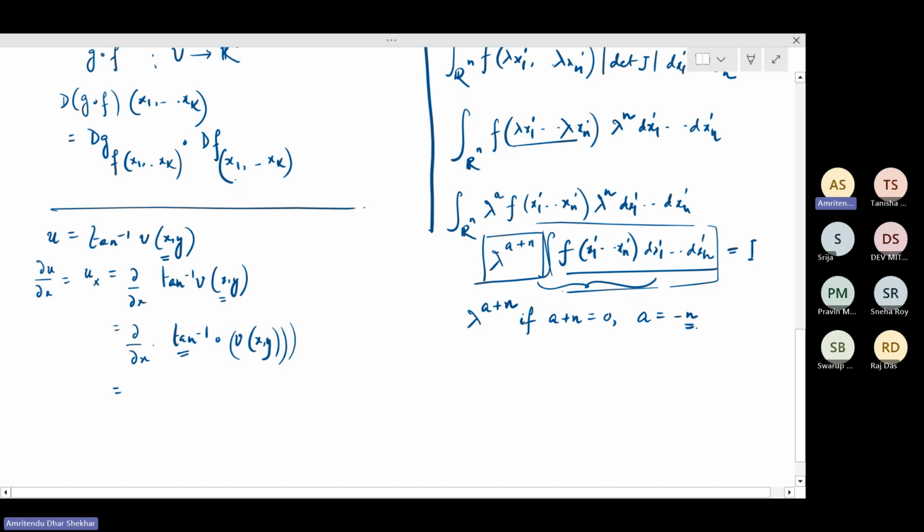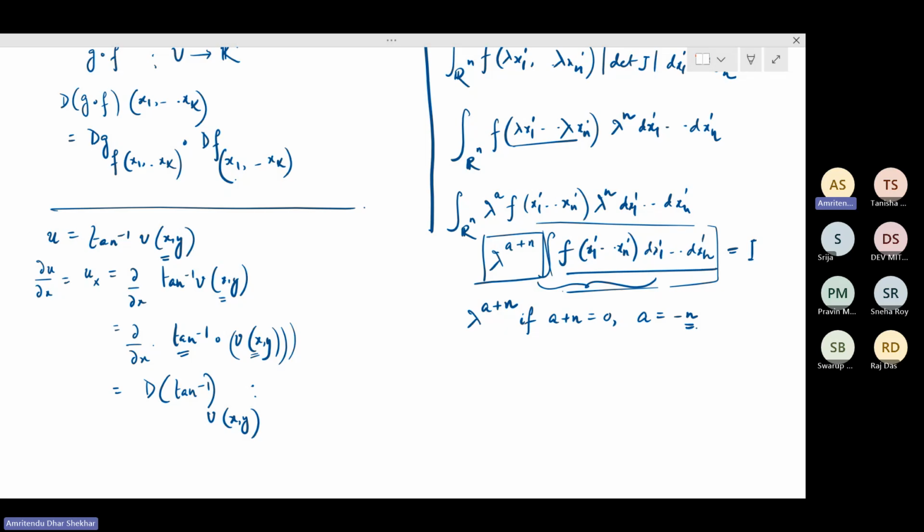So this is the d of tan inverse at the point v of x comma y, times the derivative at v of x comma y. But because it is a partial derivative, you just take the partial derivative.